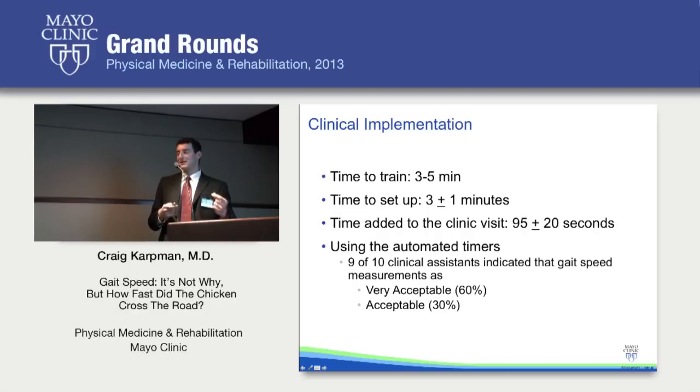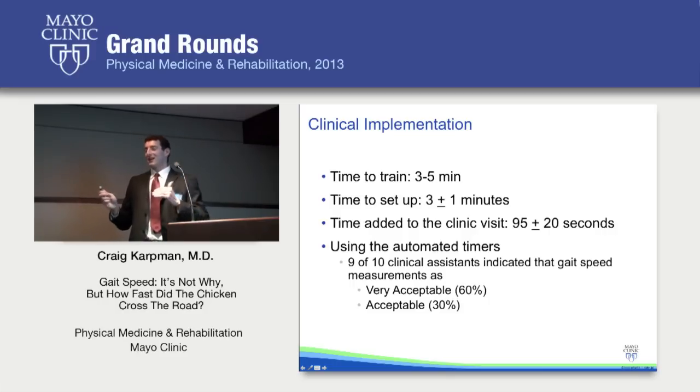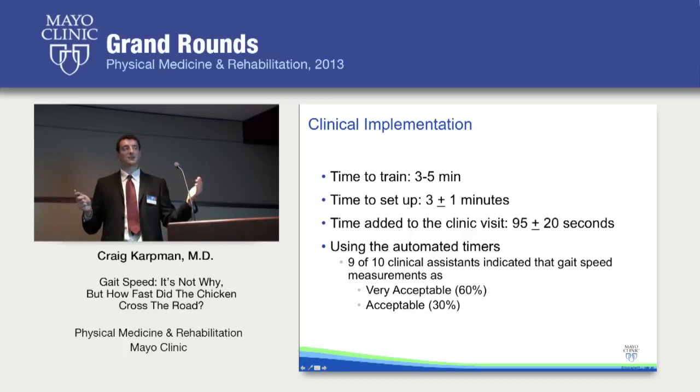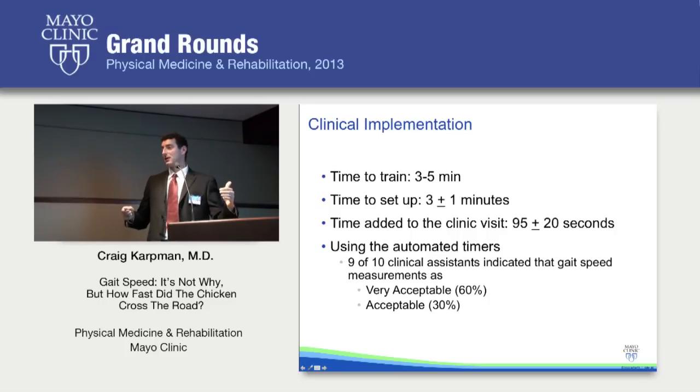So when we asked the secondary question of, would you want to do this on all patients, the answer was no. Especially during the peak rooming periods of 8 in the morning and 1:30, it does cause a little bit of a traffic jam, and because it's not every patient, then it's doable. So we believe that it does need to be selective in terms of how to do this, especially if you just have one area where you're going to measure it.